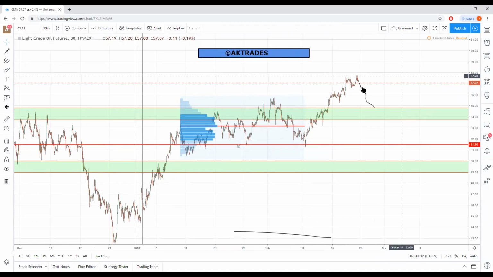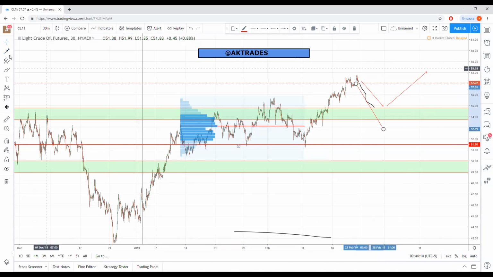We want to see prices drop around here, maybe do this, and get to the edge of this volume distribution before going to the upside. Or if prices retrace a little bit further, we want to go to this area around the point of control of this volume distribution, around 52.90, and then start looking for some weakness and go into the upside.